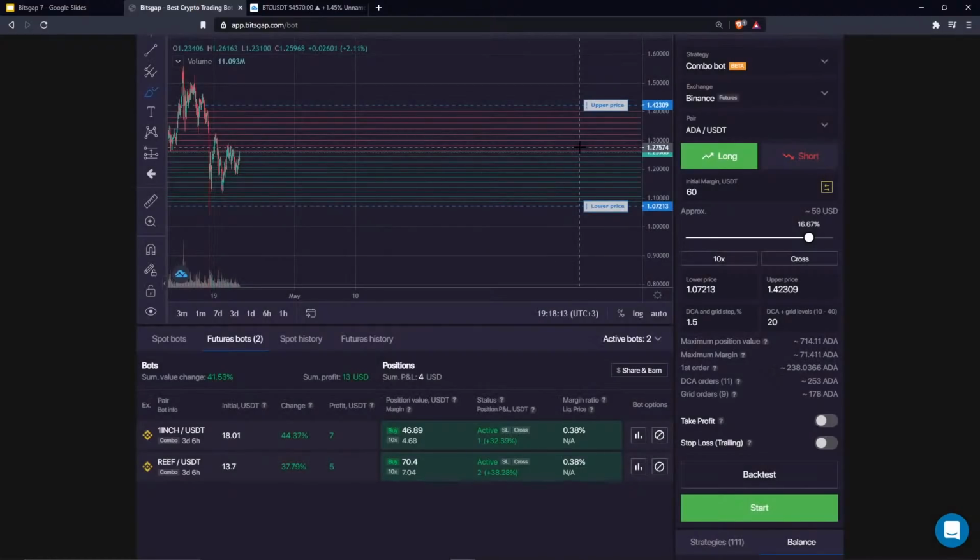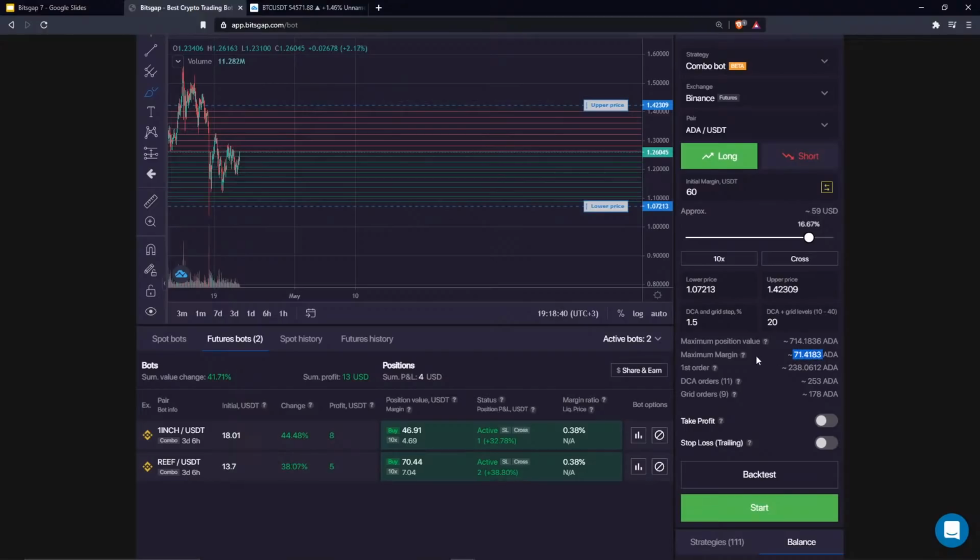In my settings, that's 10x and cross mode. And I have all these metrics here that tell me how many DCA orders I have below, how many grid levels I have above, and the split of Cardano. As we start the bot, this is the amount that we will buy to enter the market.